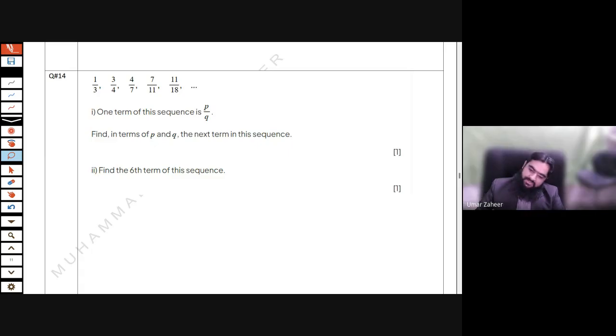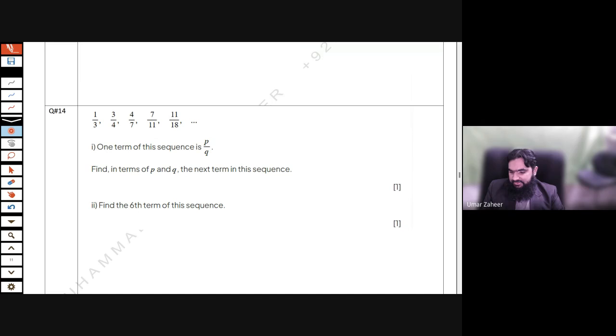Yeah, we have to find a sequence. Which type of sequence is it going to be here? One way is the Fibonacci series, 1 plus 3, 4, 3 plus 4. Sir, it's quadratic. No, it is not quadratic.